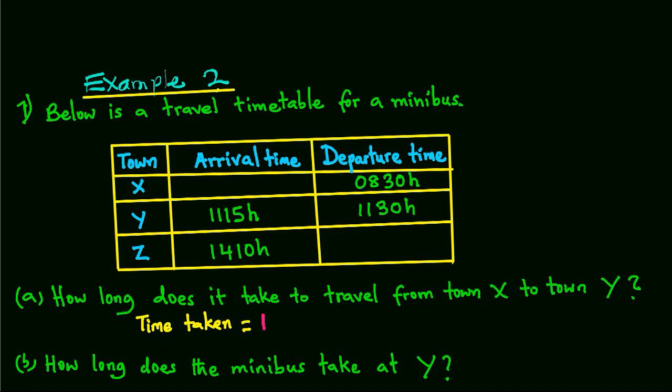So this is 11:15 hours minus 08:30 hours. So this translates to 2 hours 45 minutes.